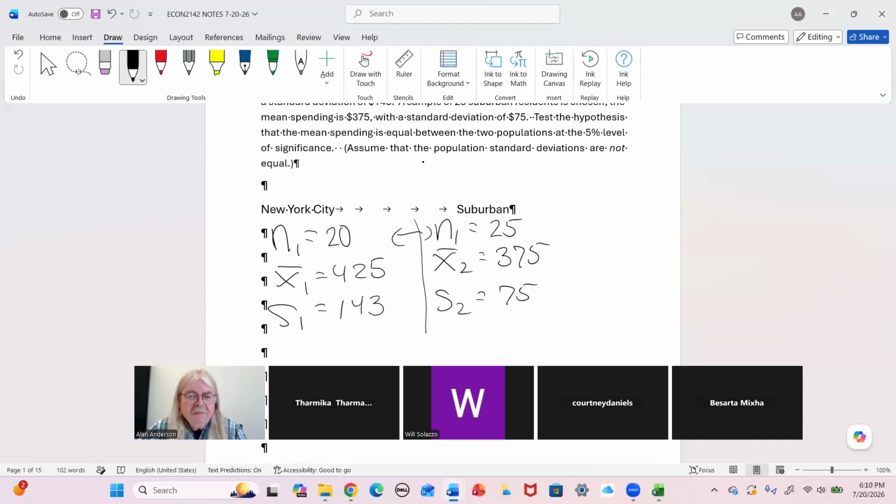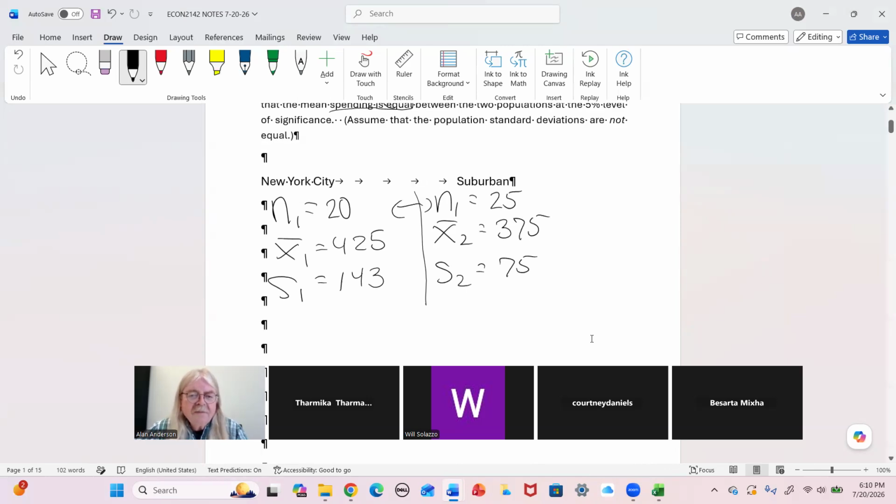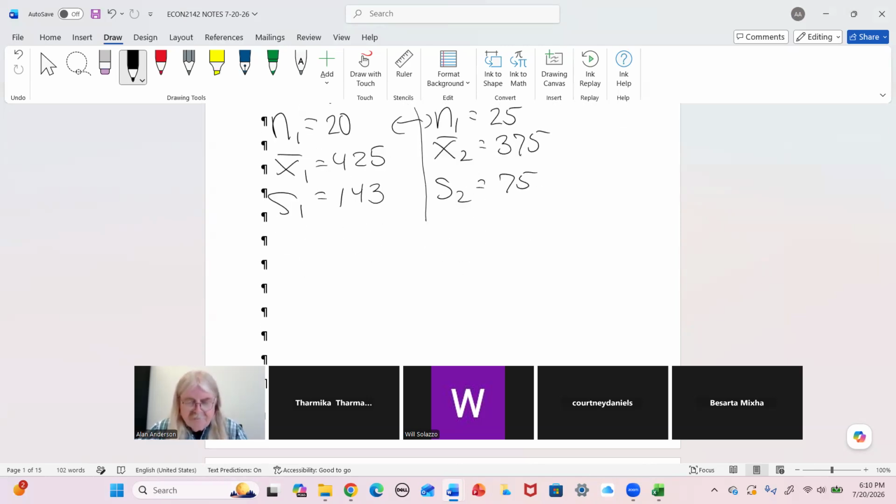Now, they want to know, their testing hypothesis, the mean spending is equal between the two, which implies a two-tailed test. Let me just see something.